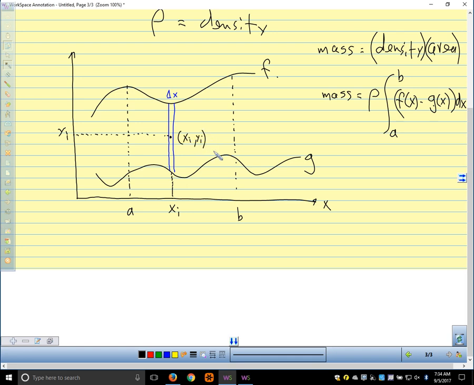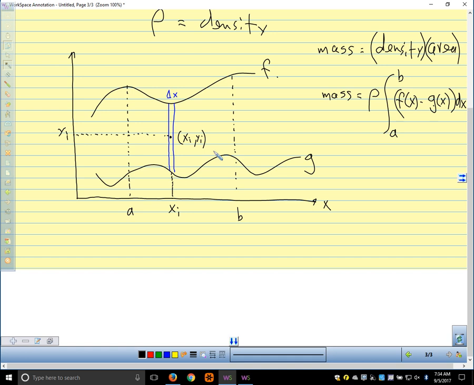That's the center of that rectangle. How far is that rectangle from the x-axis? y sub i. So that's part of what's going to give us our moment about the x-axis.